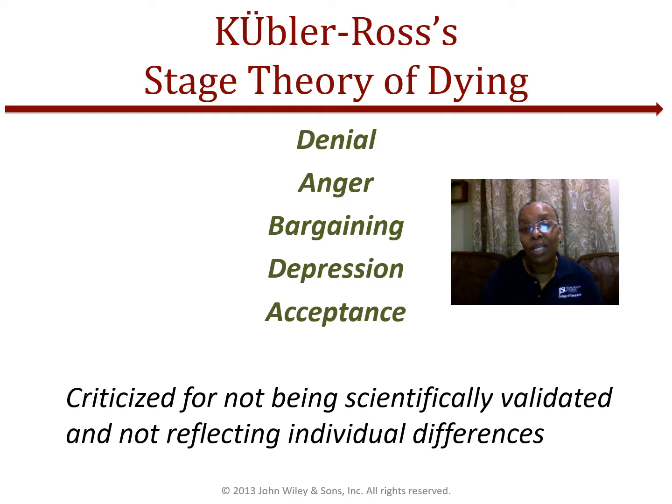Kubler-Ross kind of agreed that not all people will go through the same stages in the same way, and regrets that anyone would use her theory as a model for a good death. There's no such thing, because we all experience it differently. But I think what Kubler-Ross was trying to point out is that these are the different areas that you might find yourself within.